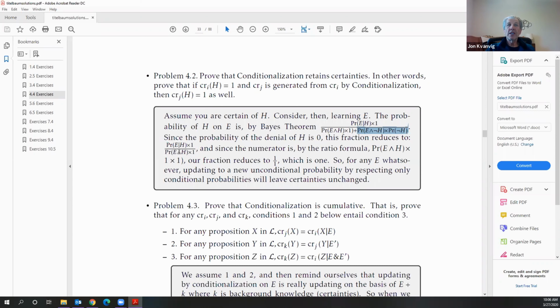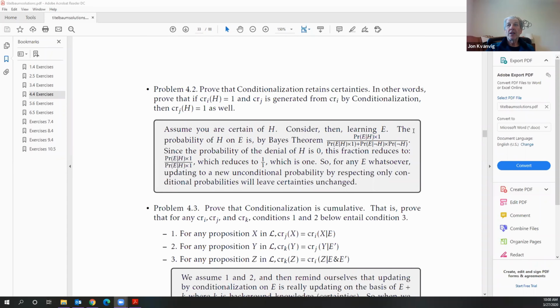That's another typo. So assume you're certain of H, and then we're going to learn E and update. The new unconditional probability will be the old conditional probability of H on E, which is, by Bayes' theorem, this formula.